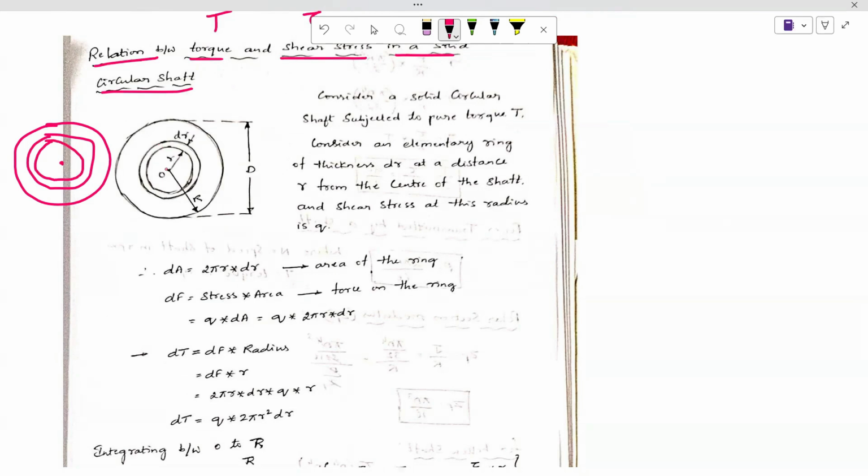From the center till this ring, the radius is r. From the center till the outer surface, it is capital R. This ring thickness is given by small dr, and from here to here, it is a diameter. This is the basic construction or diagram for this relation.